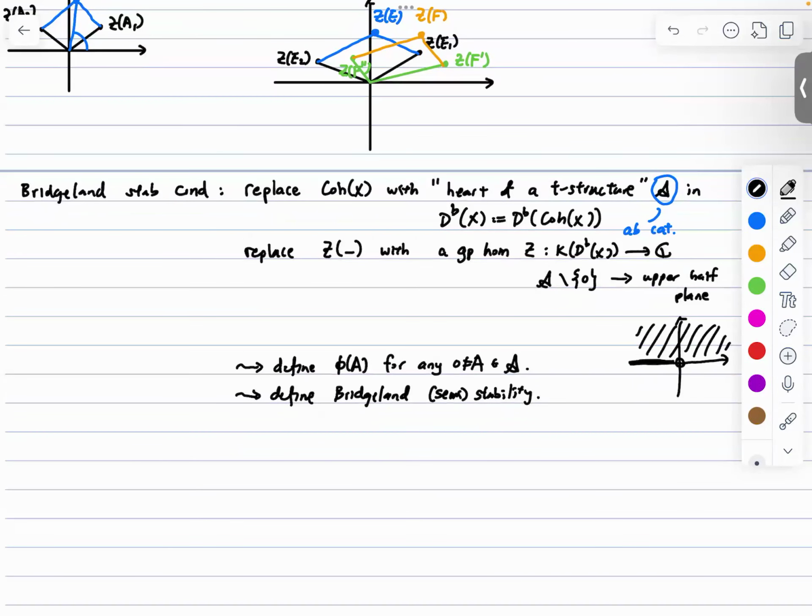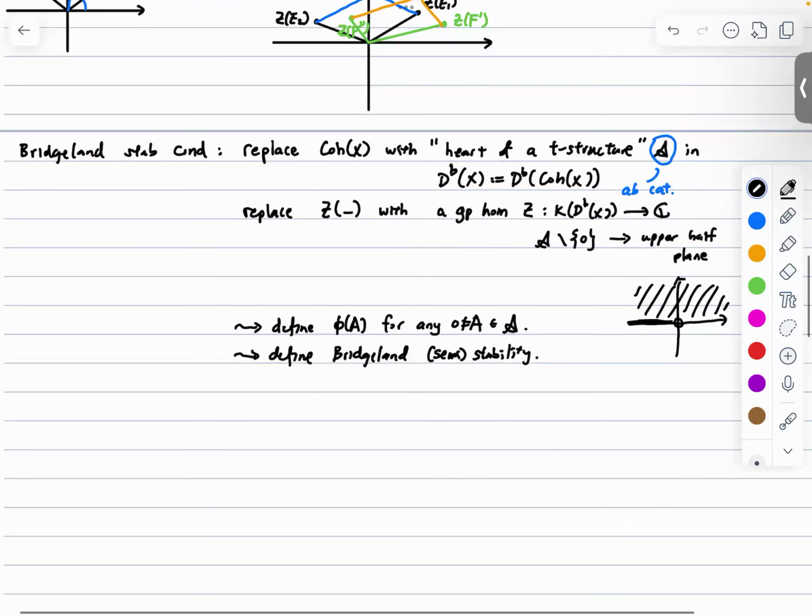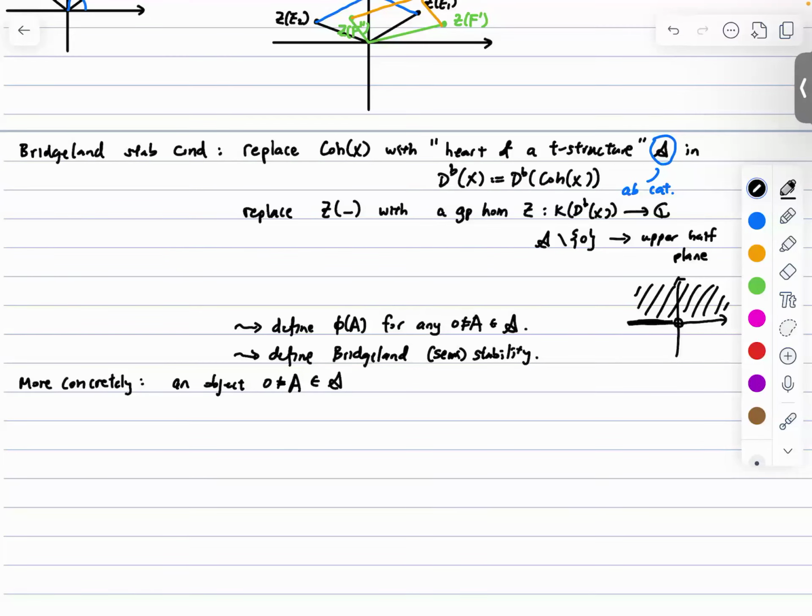But for the sake of concreteness, let me just write down a bit more. So more concretely, an object that's non-zero and in this abelian category, or in this heart of a t-structure, is called Bridgeland semi-stable.